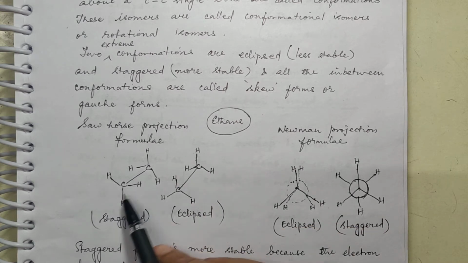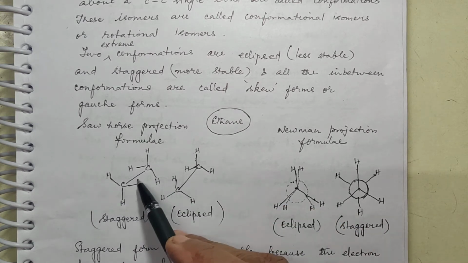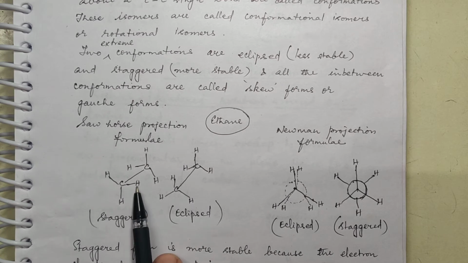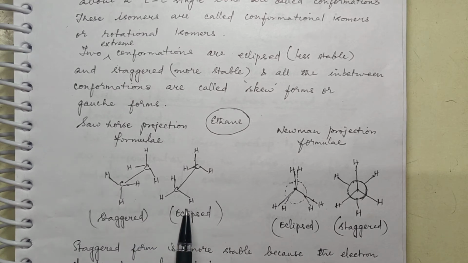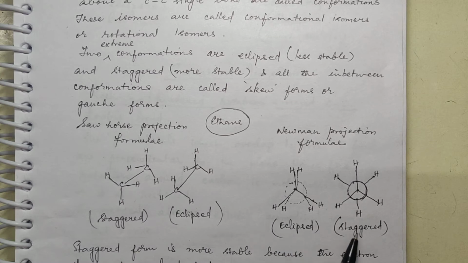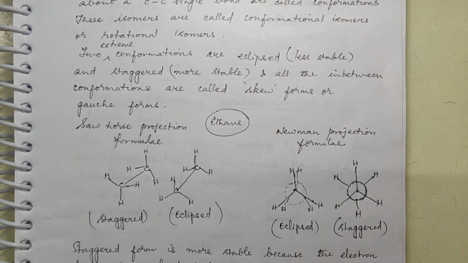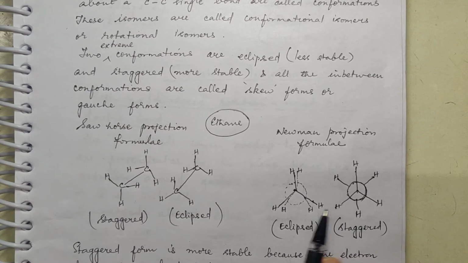Now here it is not so. This is this side and this is on the inside, okay? So here electron repulsions will be minimum. So this is staggered and this is eclipsed. Same way in the case of Newman, this is eclipsed and this is staggered, because all the C-H bonds, these of the front carbon and these of the back carbon, are very far away from each other. So this is much more stable than this.